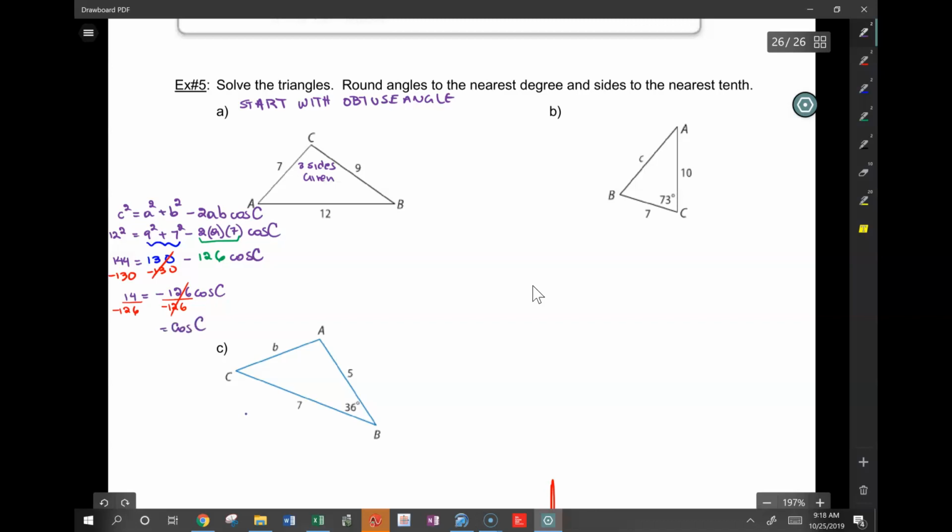Because it's 126 times cosine, so you have to divide. So 14 divided by 126 is negative 0.111 basically. Now how do I find C then? It's going to be the inverse cosine of that number.